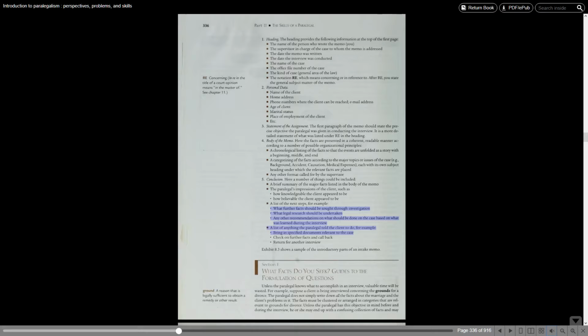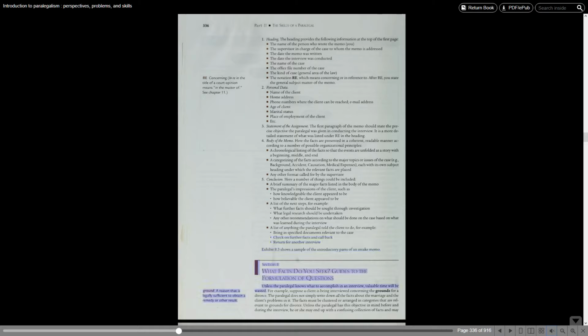A list of anything the paralegal told the client to do, for example: bring in specified documents relevant to the case, check on further facts, and call back or return for another interview. Exhibit 8.3 shows a sample of the introductory parts of an intake memo.